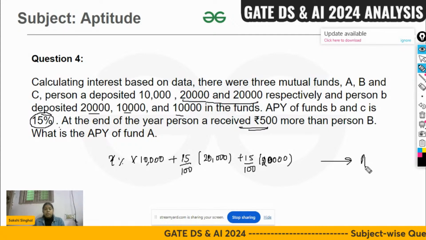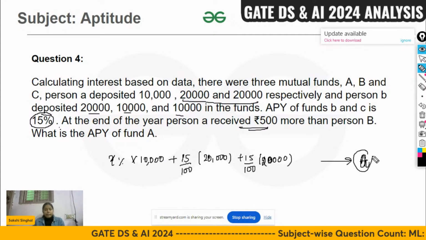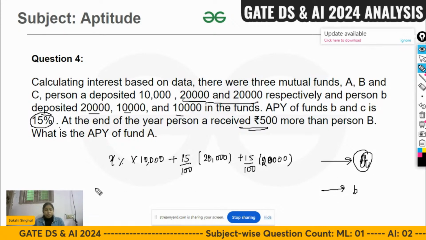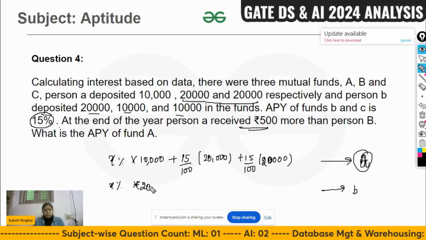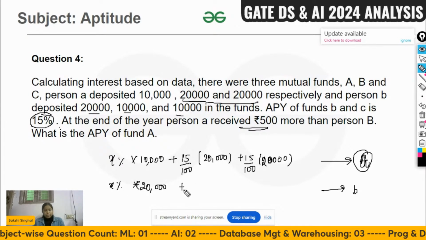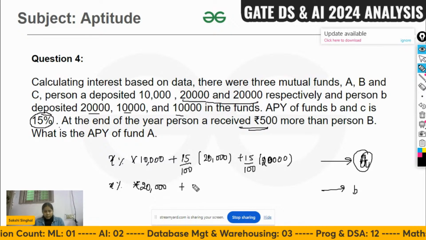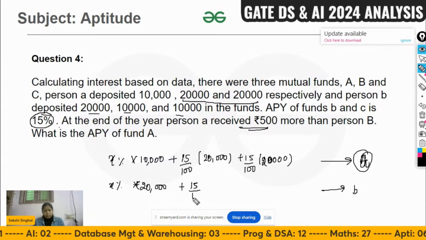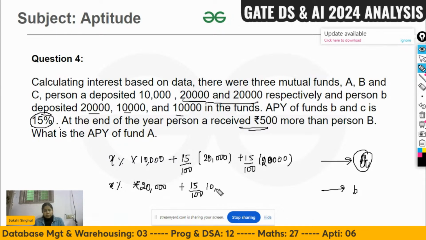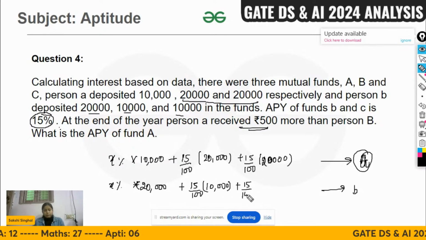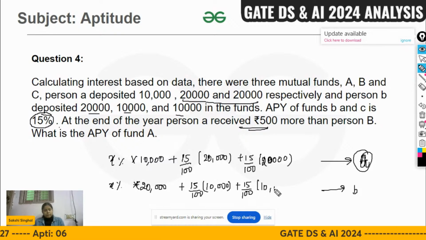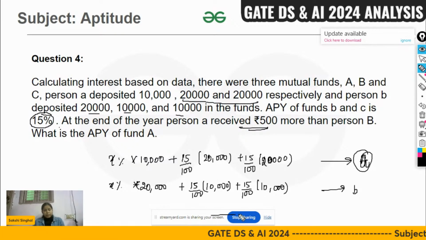So this is the amount person A would get at the end. What would be the amount person B would get at the end? X percent of 20,000 plus 15% of 10,000, and then 15% of 10,000. Right? This is the amount they got.